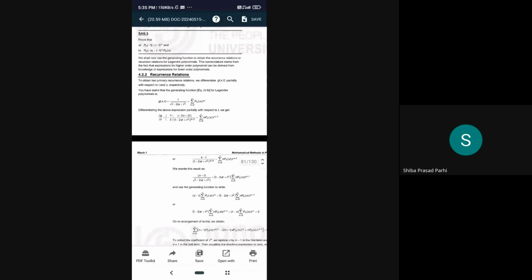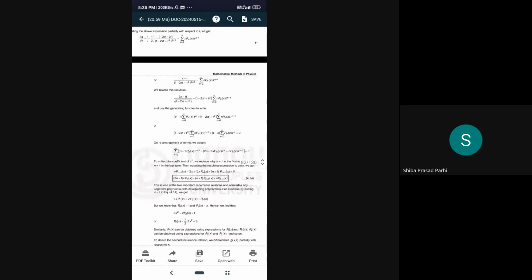Then your recursion relation can be written from g(x,t) is equal to 1 by root over (1 minus 2tx plus t square) is equal to summation n is equal to 0 to infinity Pn(x) t to the power n. Now differentiate it, del g by del t, partial differentiation, you get summation n is equal to 0 to infinity n Pn(x) t to the power n minus 1.